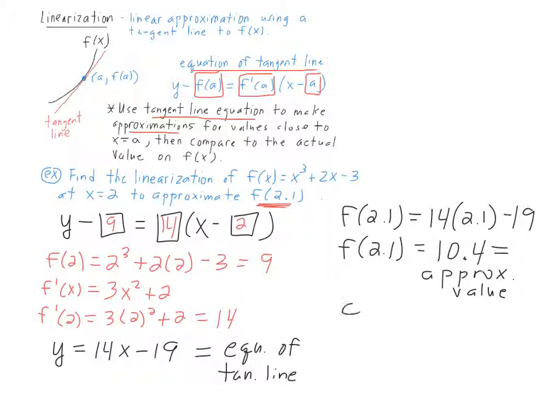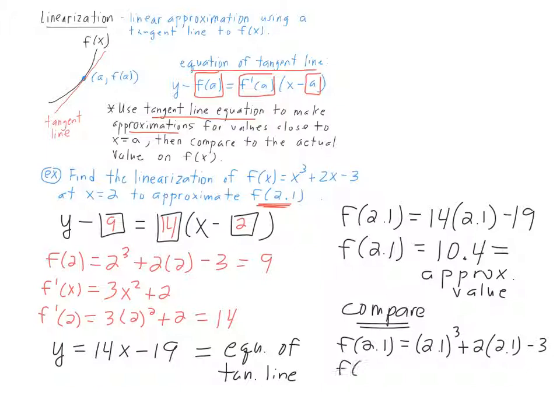Okay, so let's compare. Okay, so f of 2.1 on the actual function, so not the tangent line, but the actual function, if we were to plug in 2.1 and then cube it and do the rest of it, okay, the real value of f of 2.1, again, go to your calculator, you're going to see that it's always going to be very close.